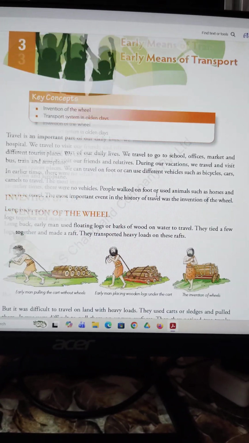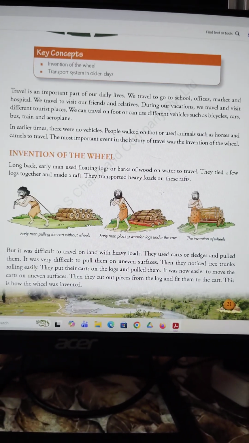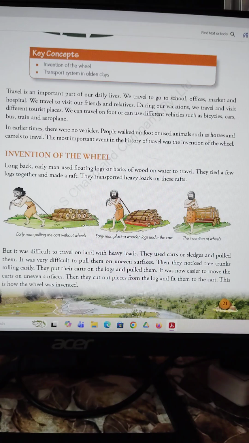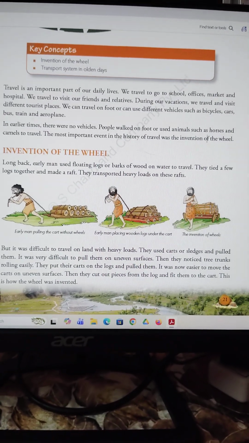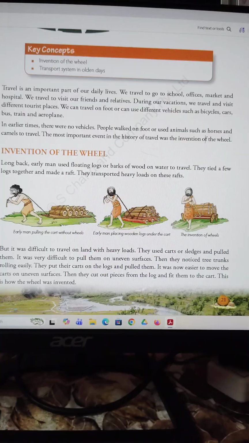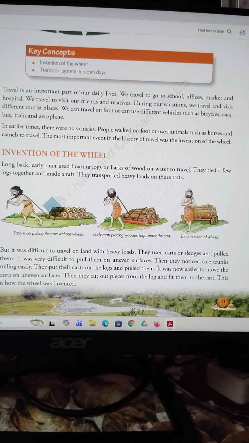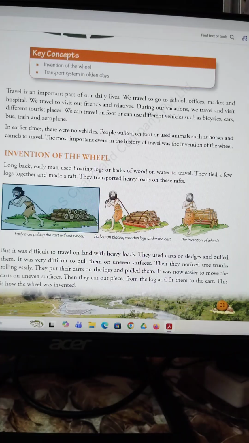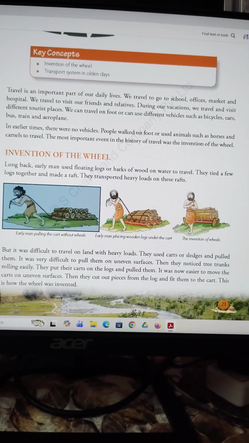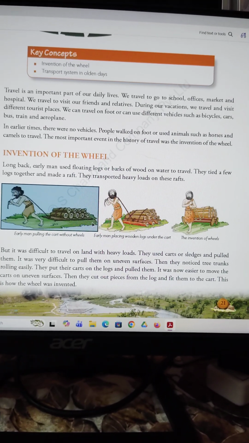It is very important. You can see here the early man pulling the cart without wheels. Look here, my dear children. Here the man is pulling it without wheels.